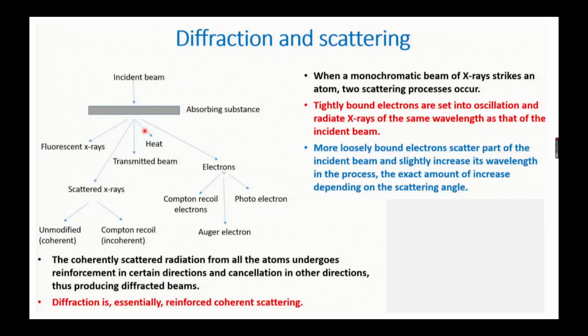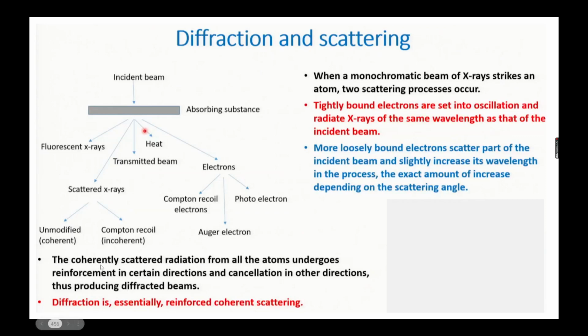Further, this electron can be a Compton recoil electron, a photoelectron, or an Auger electron, and you can use these for determining different properties of your specimen. And if a scattered X-ray comes out, it could be coherent or incoherent. Diffraction is usually from the reinforced coherent scattering.